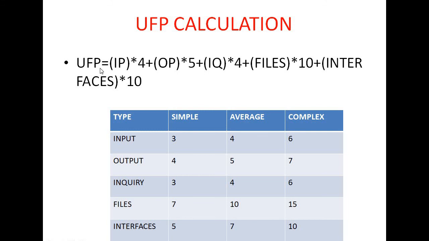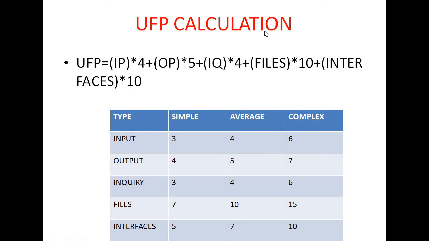UFP, unadjusted function point, is equal to IP, where IP means number of input lines, multiplied by 4, plus OP, number of output lines, multiplied by 5, plus IQ, number of inquiries, into 4, plus number of files into 10, plus number of interfaces into 10.